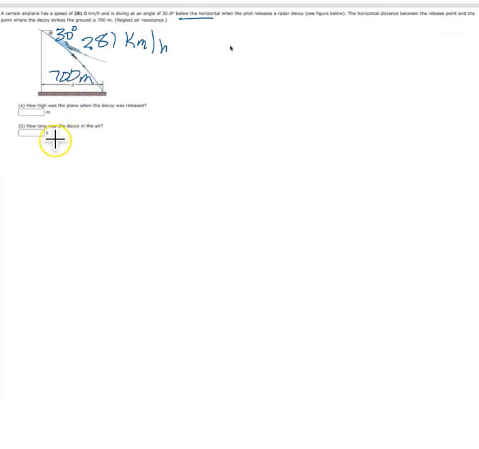So probably the first thing that we need to do on this one is find the original speed in meters per second. That's typically what we like to use. So our original speed is 281 kilometers per hour.